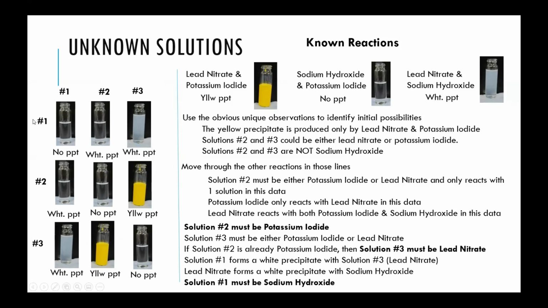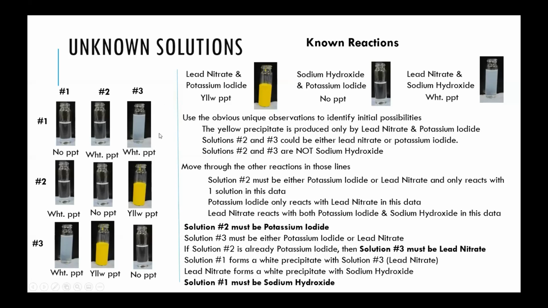Does sodium hydroxide react with solution number 2? No, it does not, which is consistent with this reaction, sodium hydroxide and potassium iodide. Does it react with solution number 3? Yes, it does, and it forms a white precipitate.